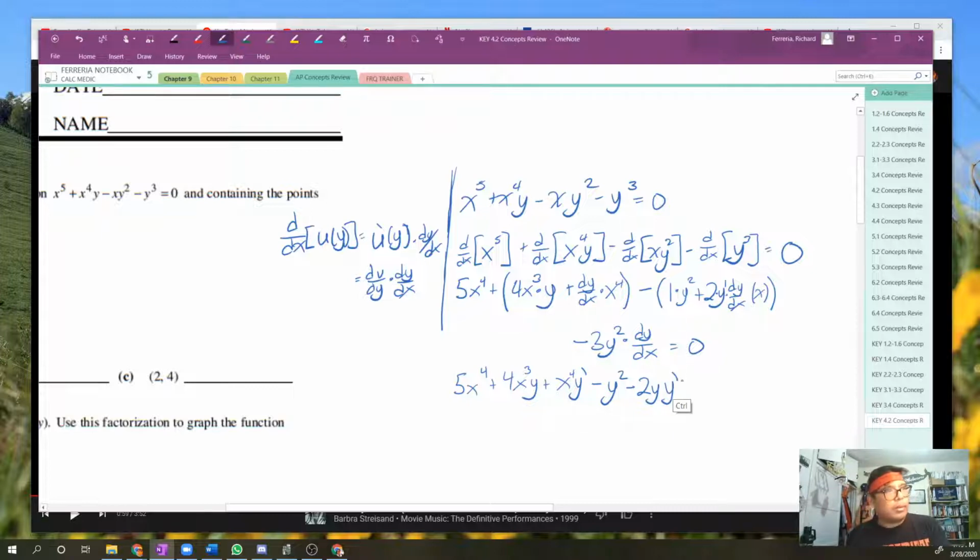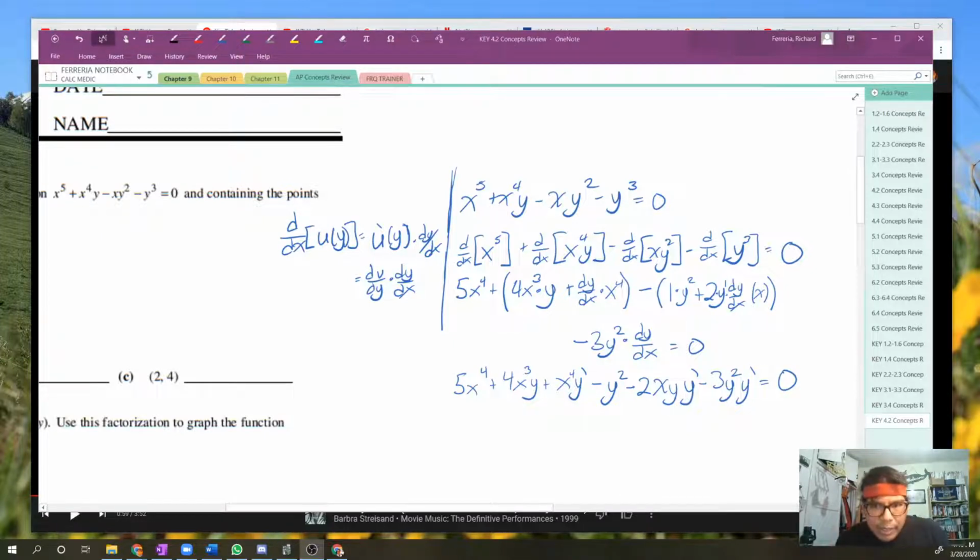Actually, we've got an x. So 2xy y prime minus 3y squared y prime, and that's equal to 0.